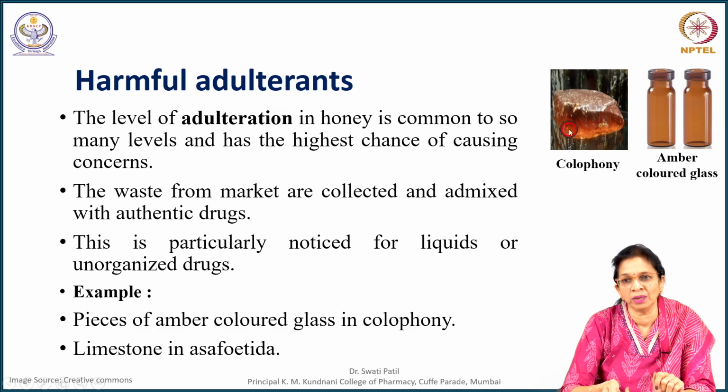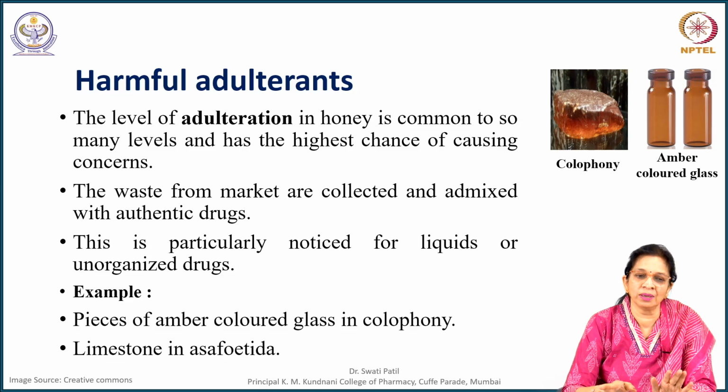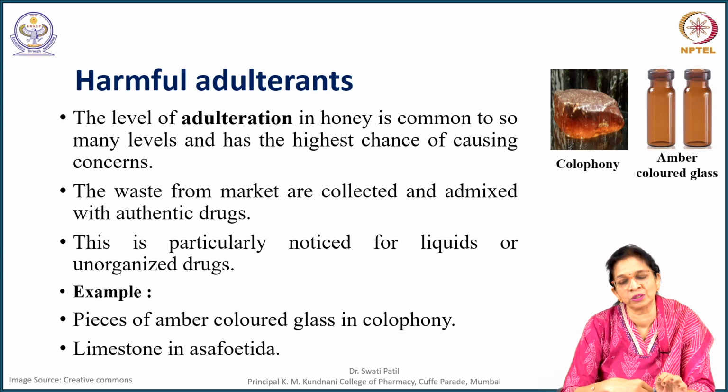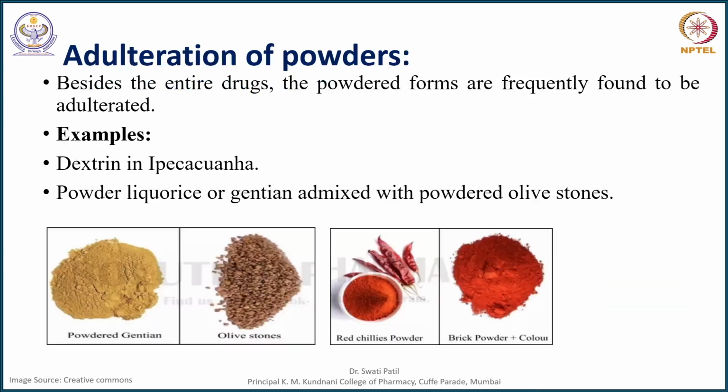This is colophony, which is amber colored and looks like a crystal. Similar looking substances, pieces of glass, are added to colophony, which not only increases the weight but also the volume, and this is an intentional harmful adulteration. Asafoetida, pure asafoetida is also very expensive, and limestone is often added to asafoetida.